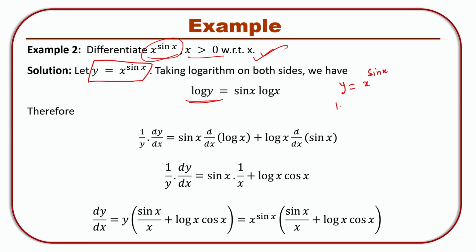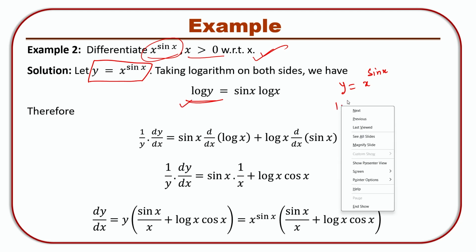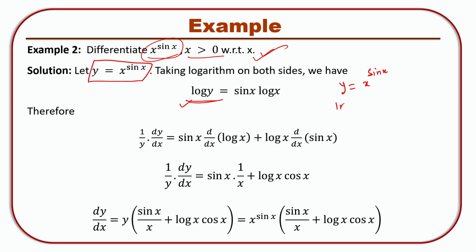You can take the logarithm, but let me advise you to write ln. So ln y is equal to ln of x power sine of x, by taking logarithm on both sides, right?